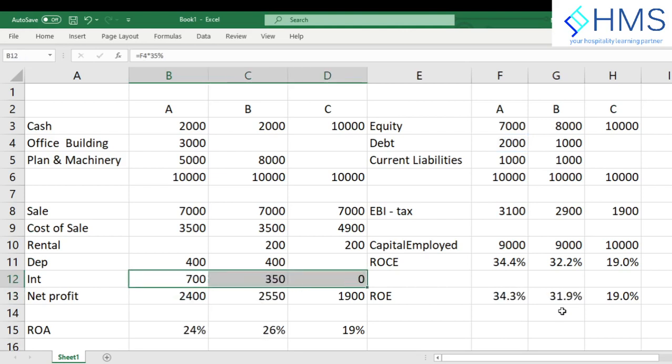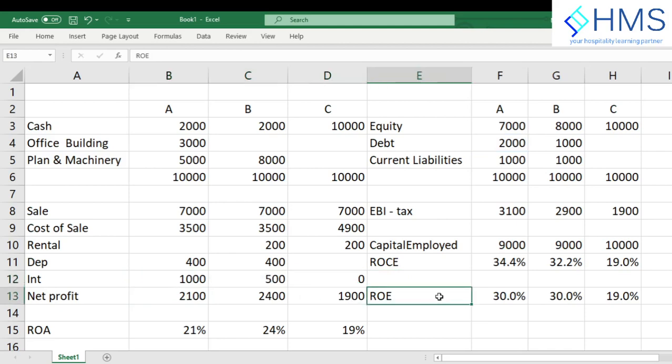So let's say we have a return on asset of 34%, 35%, or let's say 40% per year, right? 50% per year. So what will happen is return on equity will tend to go down compared to return on capital employed, because the interest on the debt is higher than your return on assets.